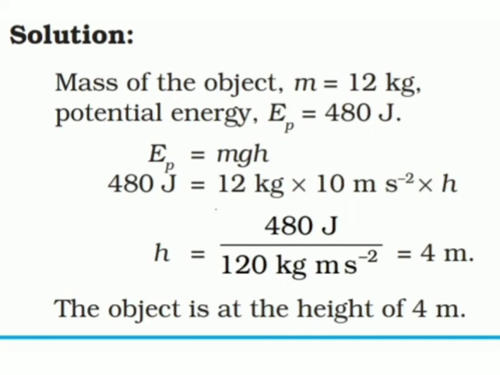Mass of the object m equals 12 kg. Potential energy EP equals 480 joule. EP equals mgh. We have to substitute the values in the equation. h is not given, we have to find it. Then we will get h equal to 4 meter. The object is at the height of 4 meter.